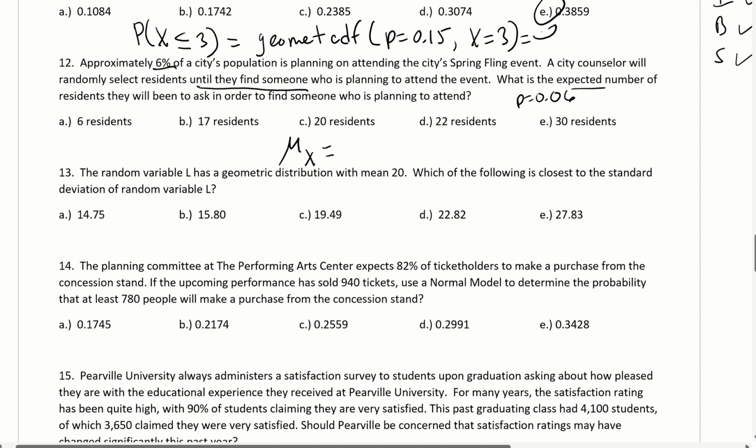Since it's geometric, it's 1 over p. So it's 1 over 0.06, because p is attending the spring event, and that's who they want. So 1 over 0.06 is equal to 16.67. And so the closest answer to that is 17.